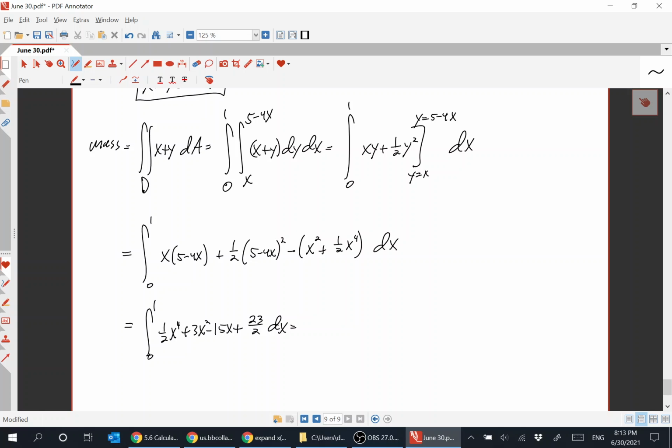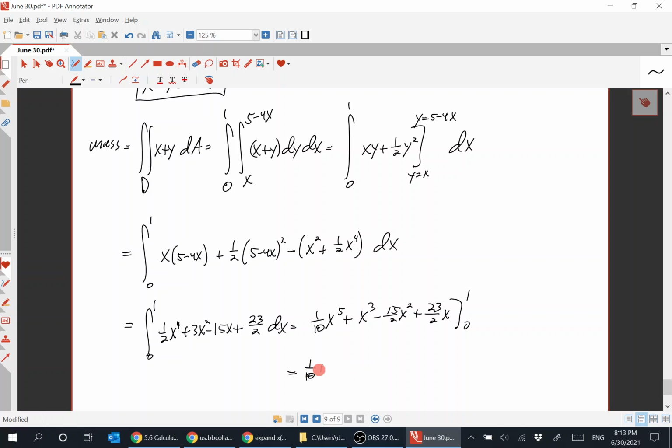Okay, so integrating with respect to x, I have 1/10 x to the 5th plus x cubed minus 15 halves x squared plus 23 over 2 x, from 0 to 1.